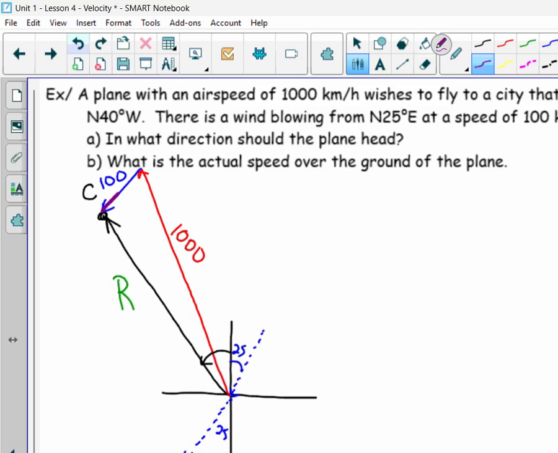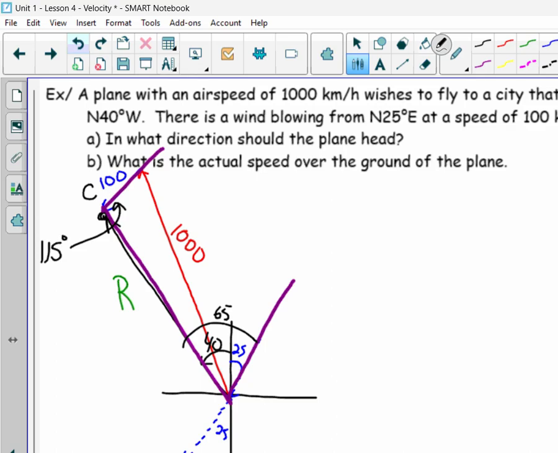But this C pattern, that one I can figure out. This one I know is 40, which makes this entire angle 65, which means this angle over here, 180 minus 65, is 115.